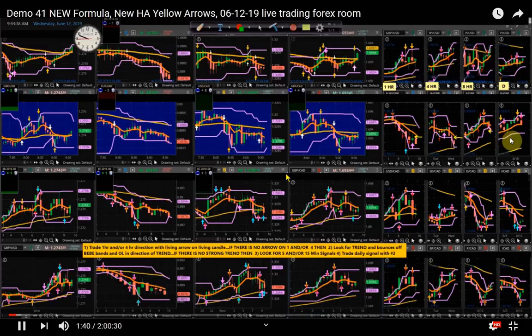Let's have a look at the EG. The one thing I will say, guys, about the EG, is that it's got a daily super on the head. If this goes red yellow, then I will look at this and say, well, hang on, we're on the daily orange line here.